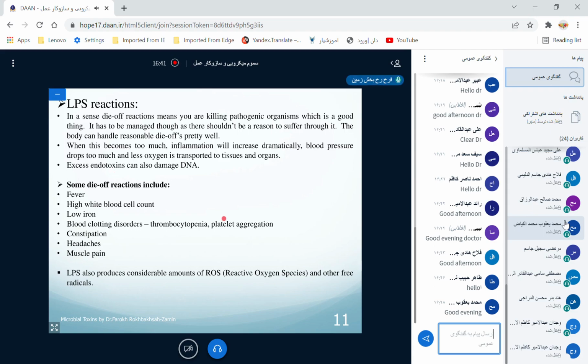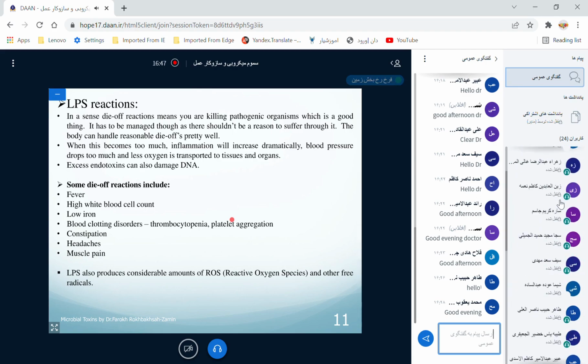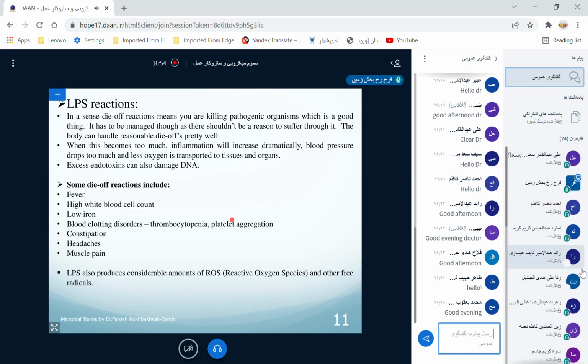So what should we do? Should we kill them or shouldn't we? Yes, we should kill them. So these problems continue. What should we do regarding the fever, blood cell count, low iron, and these things?